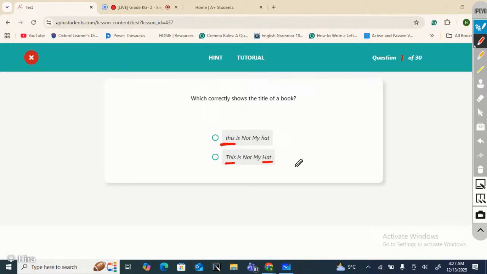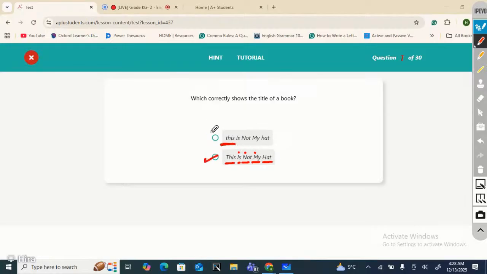Hat, the last word, is capital. Good. My, important word. Not. Is. So these are all important words. These three words in between are not articles, not short prepositions, not coordinating conjunctions, so they are important words, and every important word in between is also capitalized.